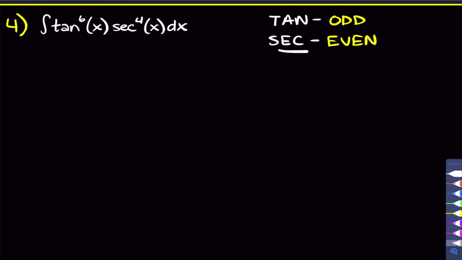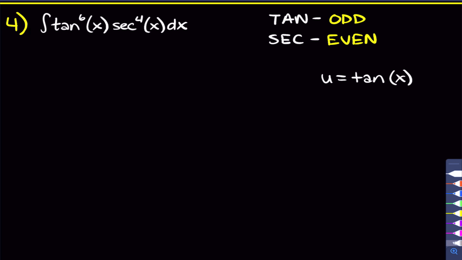So if secant has an even power, then our u will be the other trig function, that's tangent. So that'll be what we use for our u substitution. And then our du, well, that's the derivative of tangent, which is secant squared. So what we need to do to make this u substitution is free up a secant squared of x dx in this integral and convert everything else to tangents.